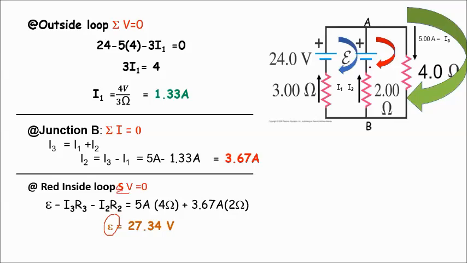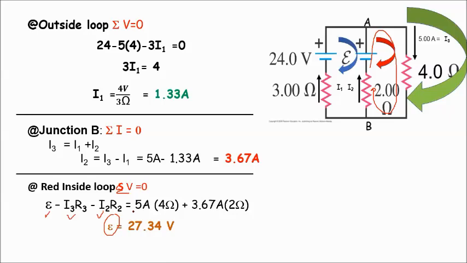This is our path. We cross from negative to positive at the source of EMF, that's why we have positive epsilon. And then minus I3 times 4 ohms, I3 R3. And then minus I2 times 2, I2 and 2. And then nothing else.